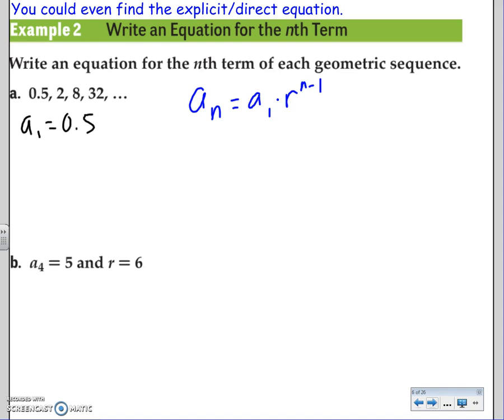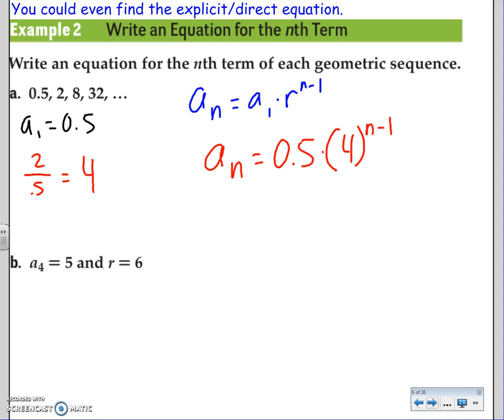But to find r, the common ratio, you have to divide. Second term divided by first term, well, that's 4. Multiply by 4. 0.5 times 4 is 2. 2 times 4 is 8. 8 times 4 is 32. Alright, so I fill it in. My answer is a sub n is 0.5 times 4 to the n minus 1.